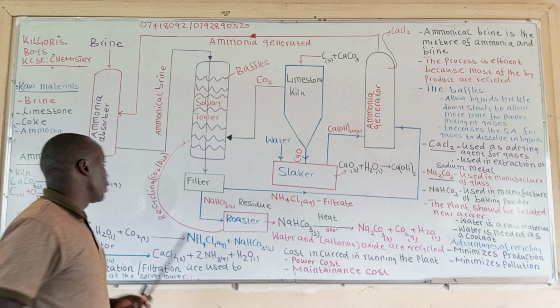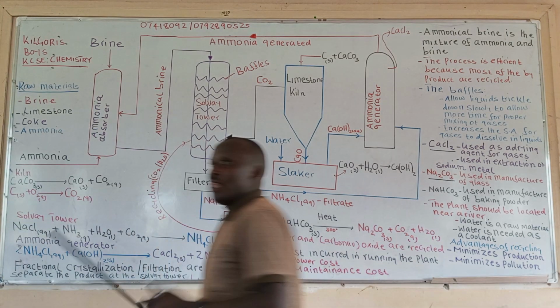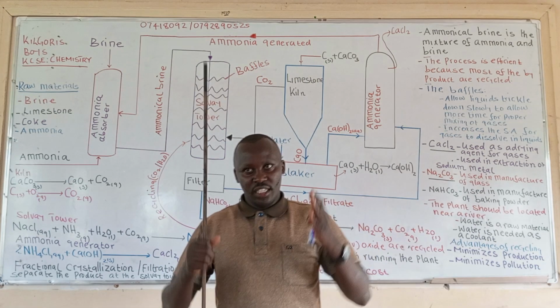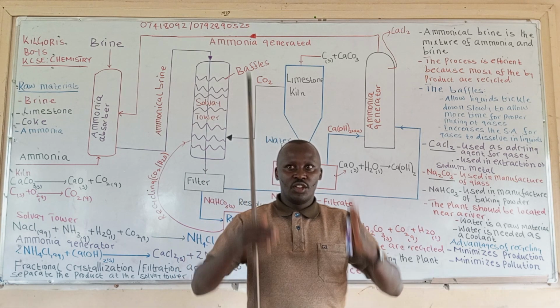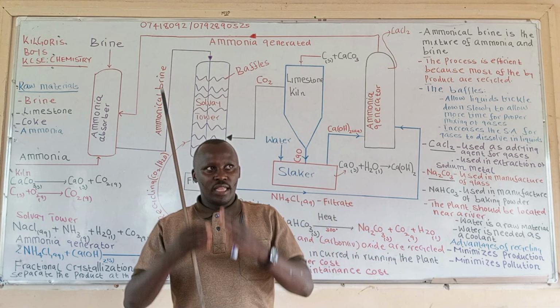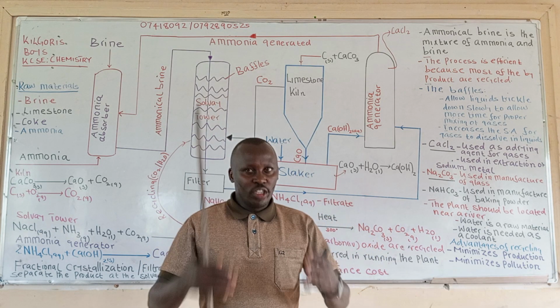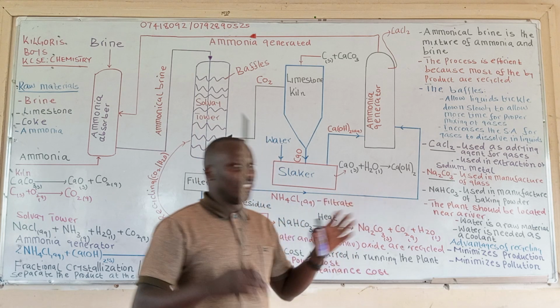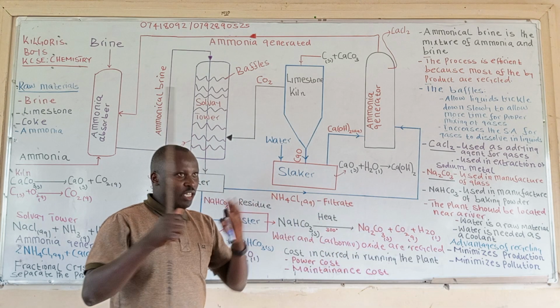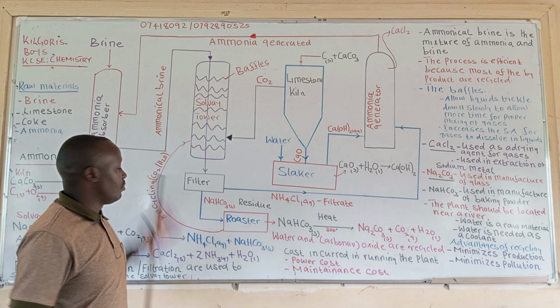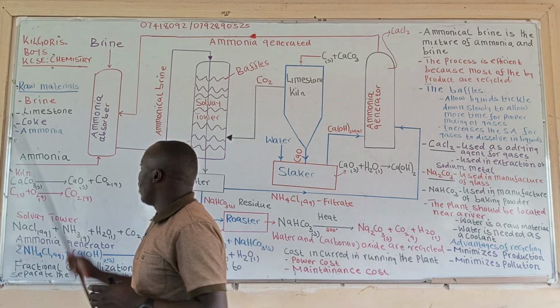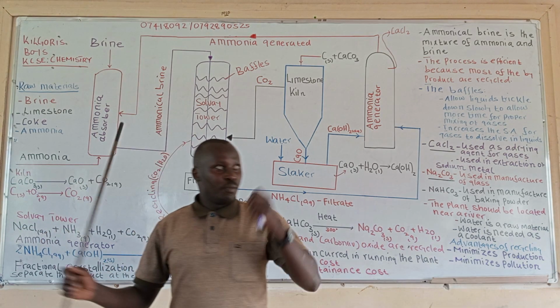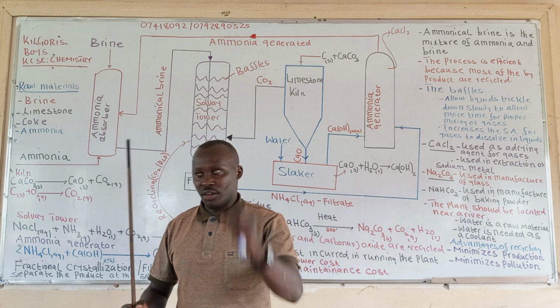You also want to know the reason why the Solvay process is efficient or more economical. The first step is to identify the raw materials. What are the raw materials in this Solvay process? One, we have brine. Brine is sodium chloride.